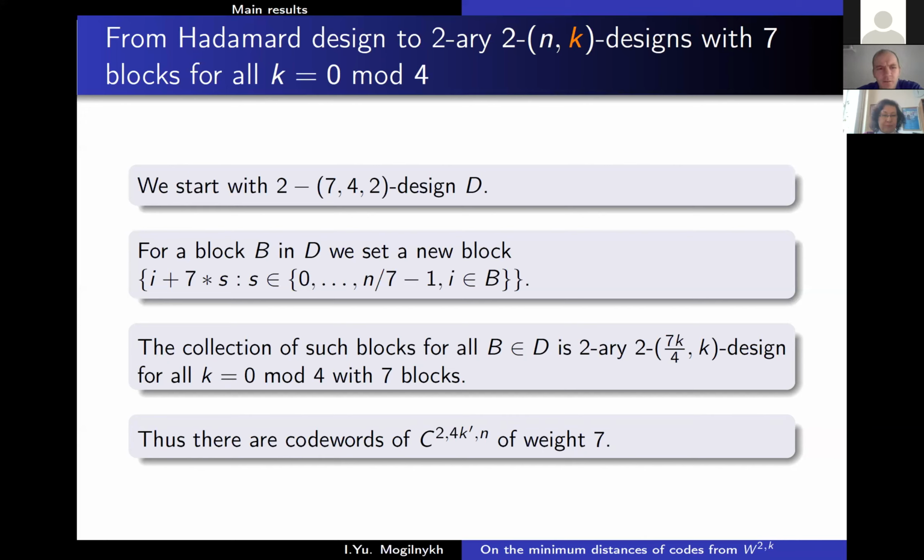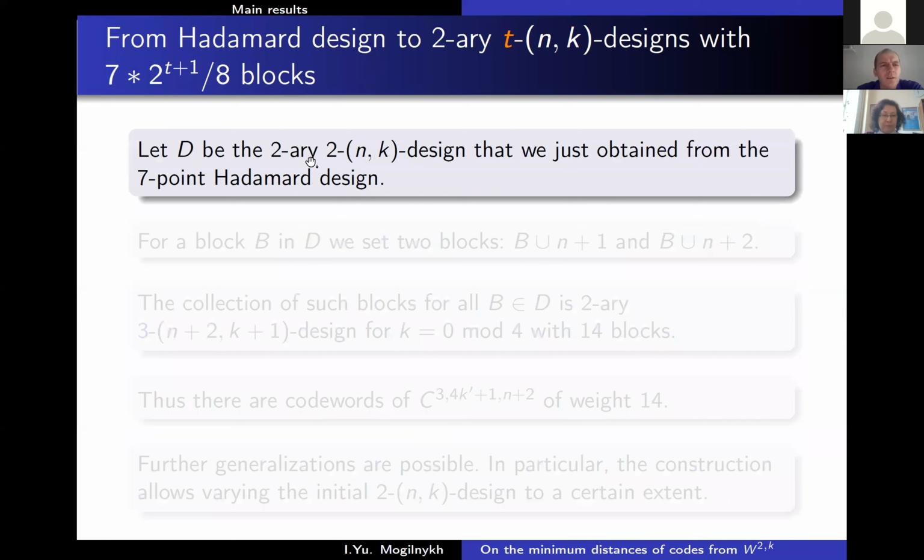It has 7 blocks, the same number of blocks as the Hadamard design. Actually, it is a very simple construction, but still it gives a slight improvement of the minimum distance, as it shows that there are codewords of weight 7.